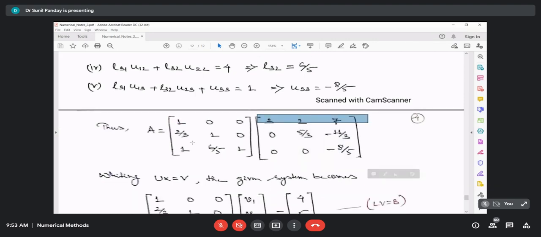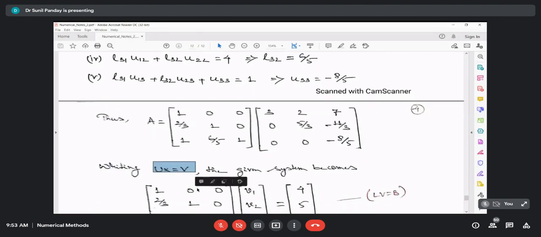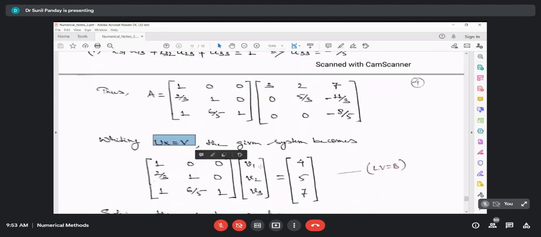Once you have your L and U, you have to solve first the system Ux equals v. Here you assume v as the unknown variables v1, v2, v3.